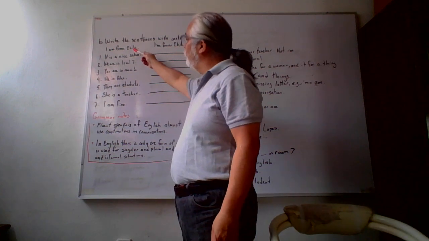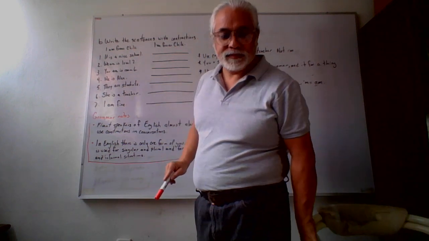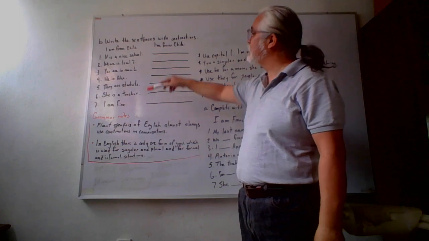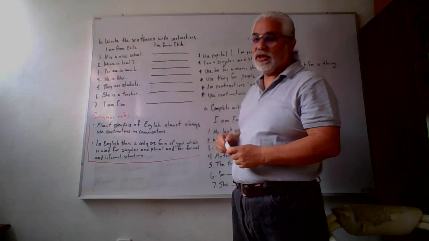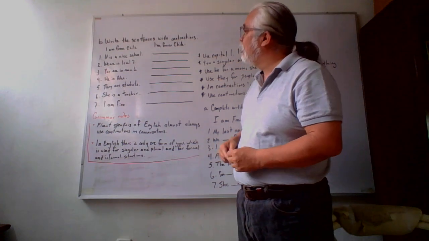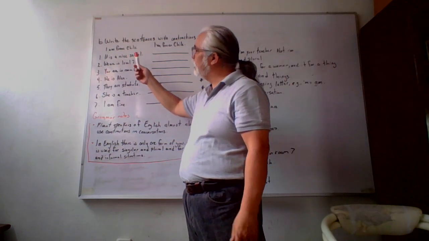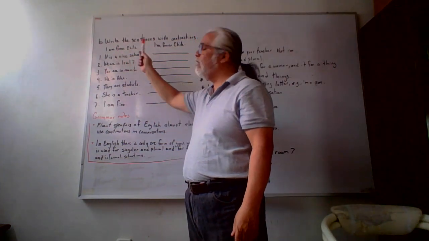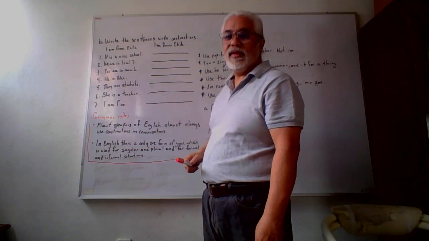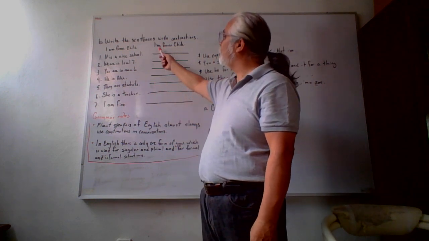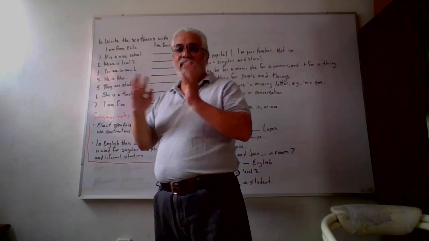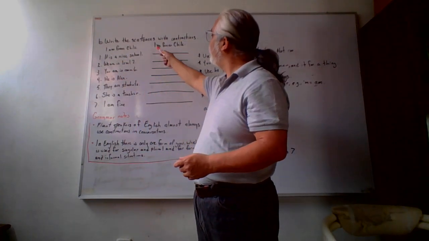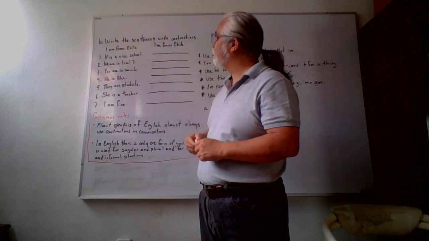Now here we have the full form of the sentence, and here you're supposed to put it in contractions, okay? So here the full form in the example that I have is I am from Chile. And in contractions we take the A away, connect the I and the M, and we have I'm from Chile.